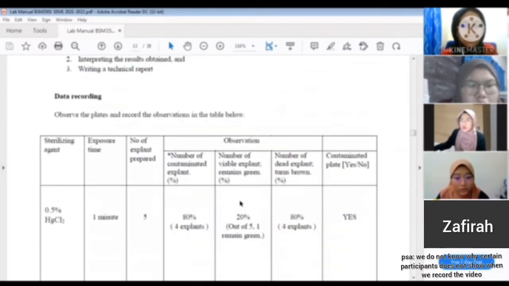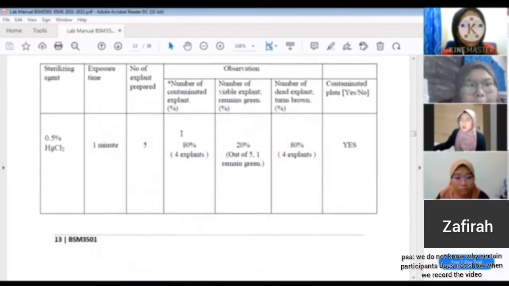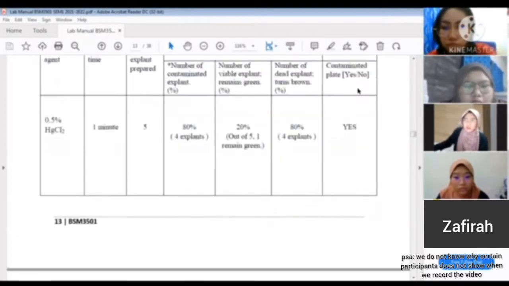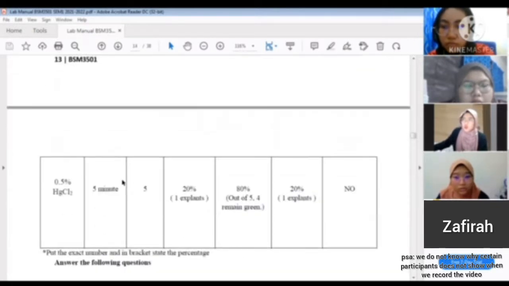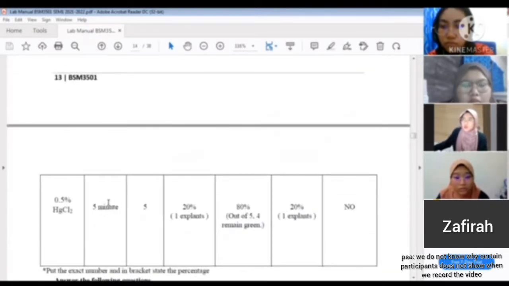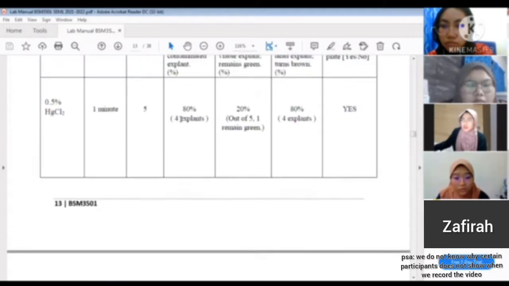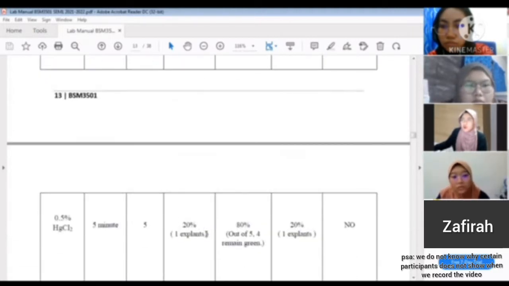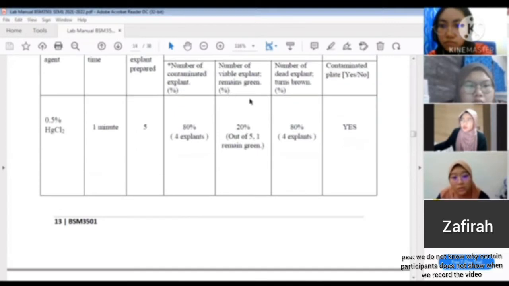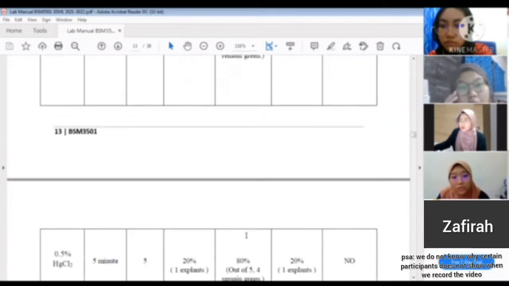So the result is the number of contaminated explants is 80%, and the number of viable explants which remain green is 20%, and the number of dead plants which turn brown is 80%, and the contaminated hyphae is yes. While for the exposure time of 5 minutes, the contaminated explants is only 20%, while the viable explants which remain green is 80%.